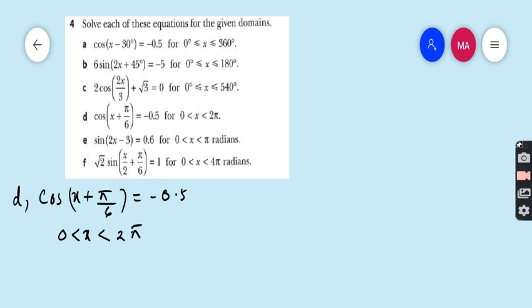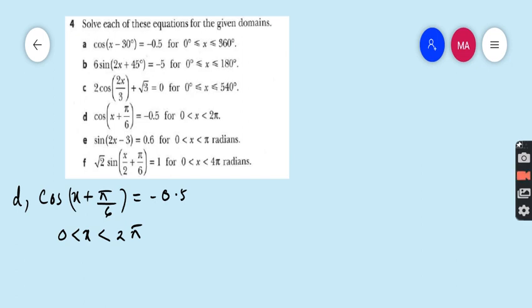It means they are talking about radian mode. They are talking about radian mode, but the work is almost the same.